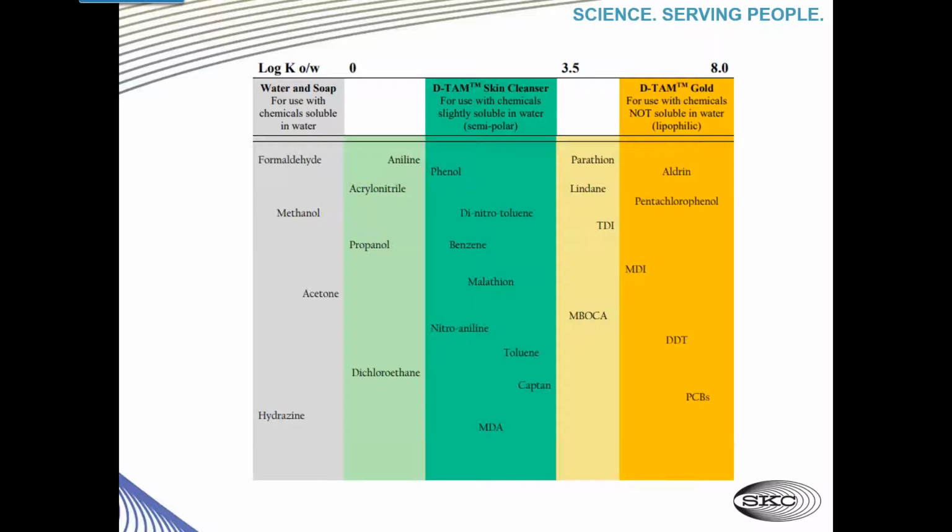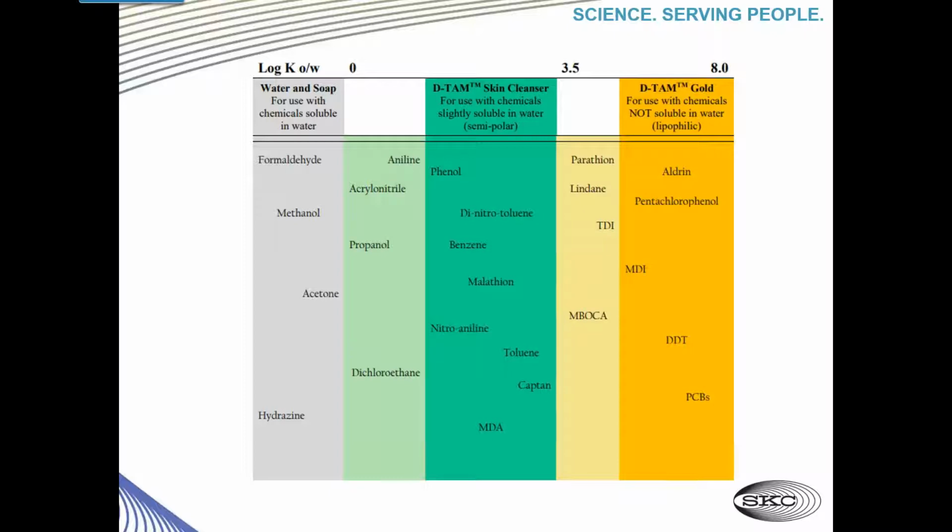And this graph will explain the difference between the DTAM Skin Cleanser and the DTAM Gold. The DTAM products cover a broad spectrum of chemical solubilities, ranging from highly oil soluble, which is lipophilic chemicals, to semi-polar compounds that are somewhat soluble in water.